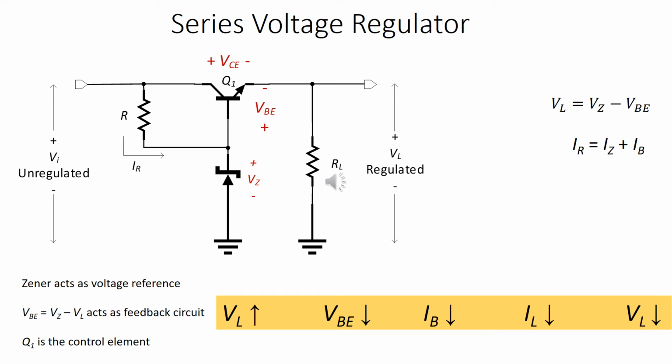The first becomes the base current of the BJT. The second is the Zener diode current. Hence we can say IR equals IZ plus IB.